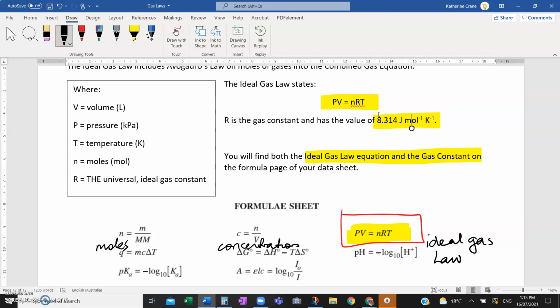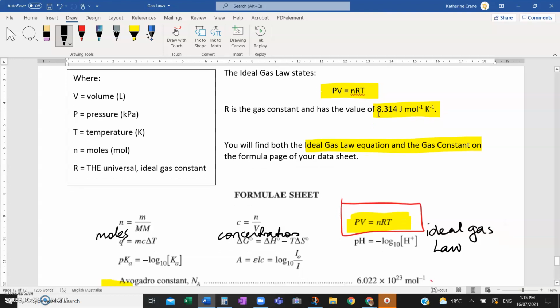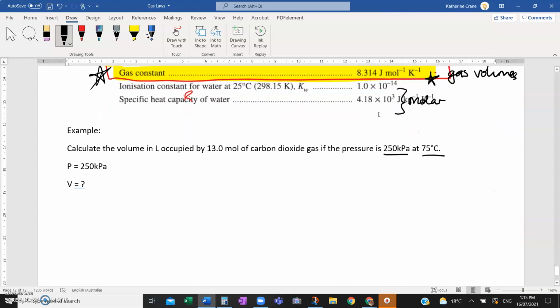Helium in particular has the least interactions, and it hasn't got very many electrons. It's very lightweight, so just a few degrees above absolute zero, it becomes a gas. So it's one of the best ones, but we'll use this with all our gases.